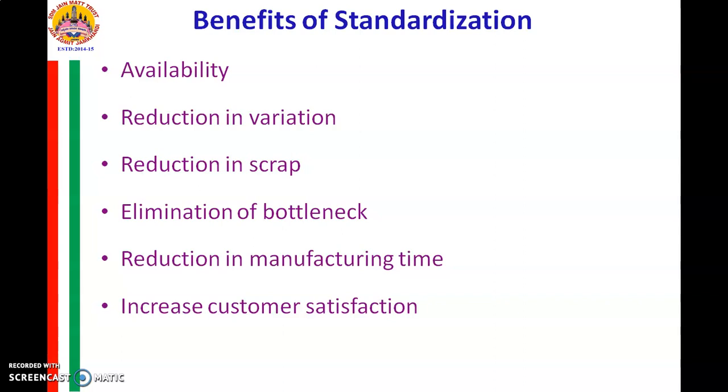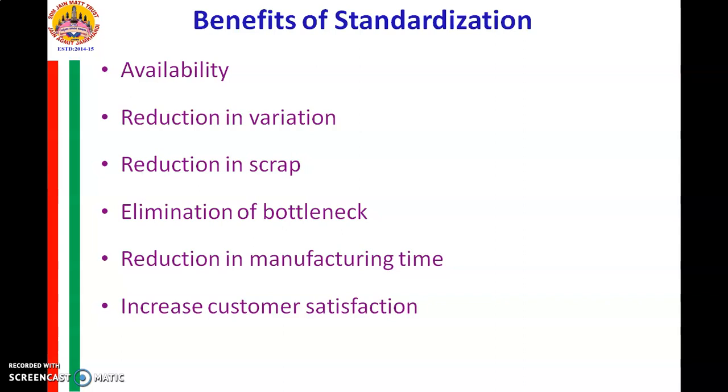If I buy that component in India or Australia or New Zealand, the variation will not be there. Whatever product you buy here, the size and shape of that component will be the same in different countries also. Hence reduction in the variation will be there.